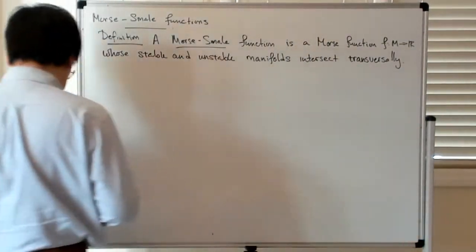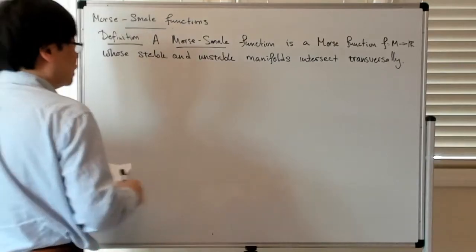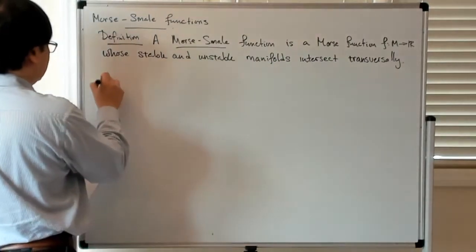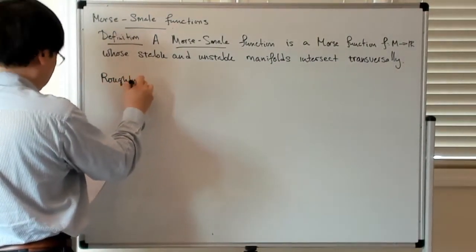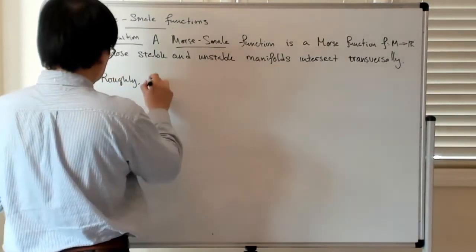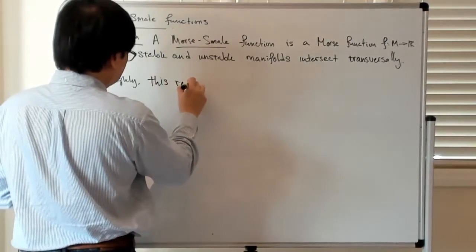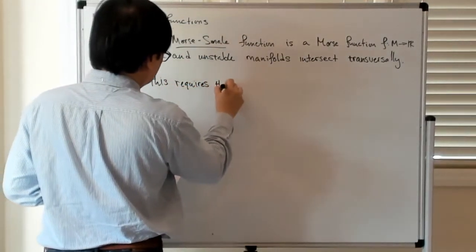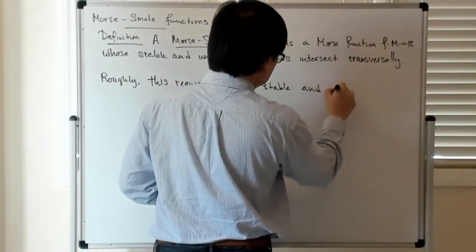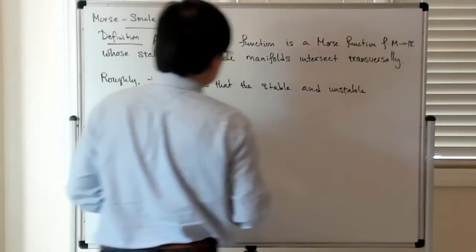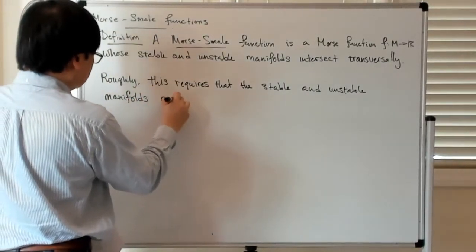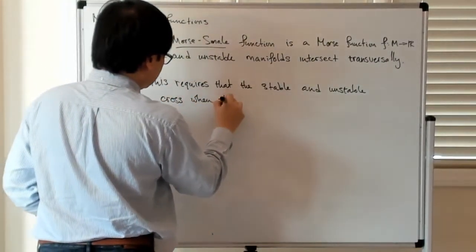Let me try to again give you a rough idea of what one means by intersecting transversely. Roughly, this requires that the stable and unstable manifolds cross, and they intersect.